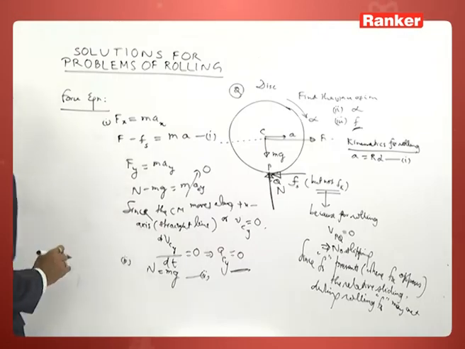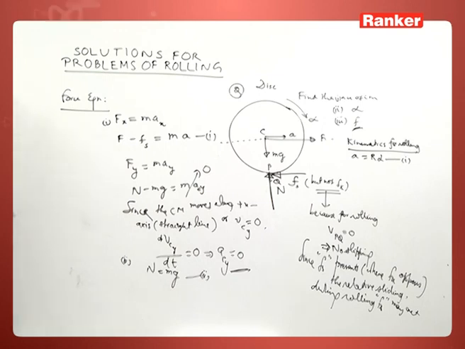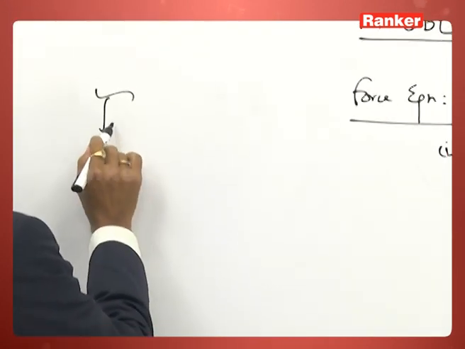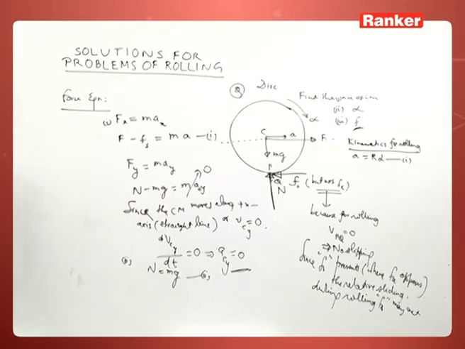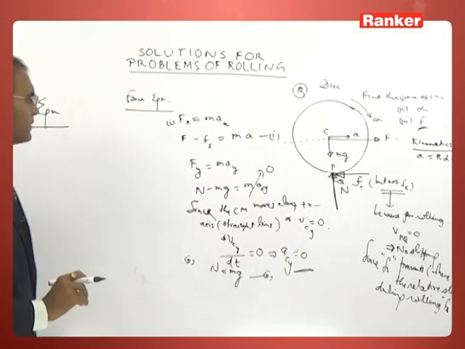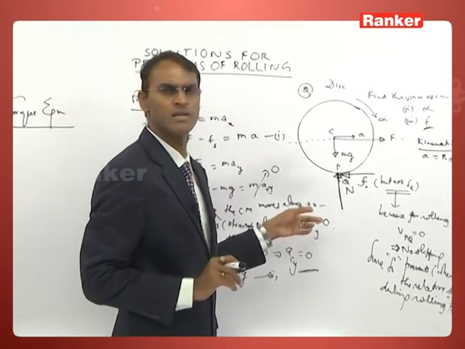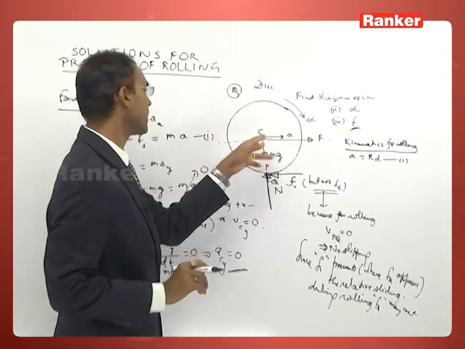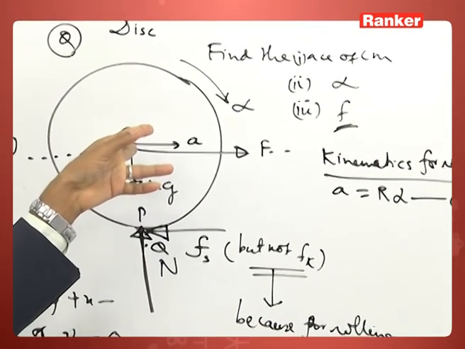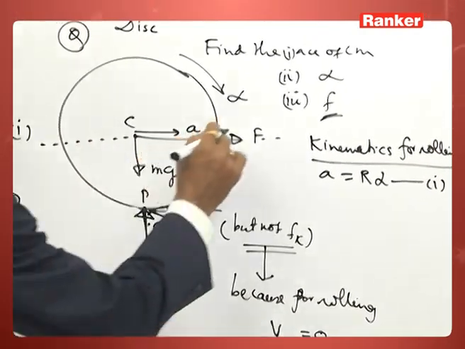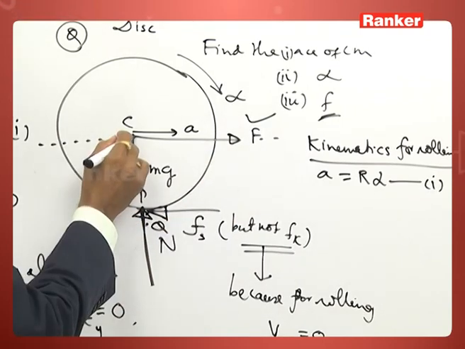Two force equations. We have a torque equation. The net torque acting on the object, the frame is center of mass in this method. About the center of mass axis, this cannot produce a torque because it passes through the center of mass.